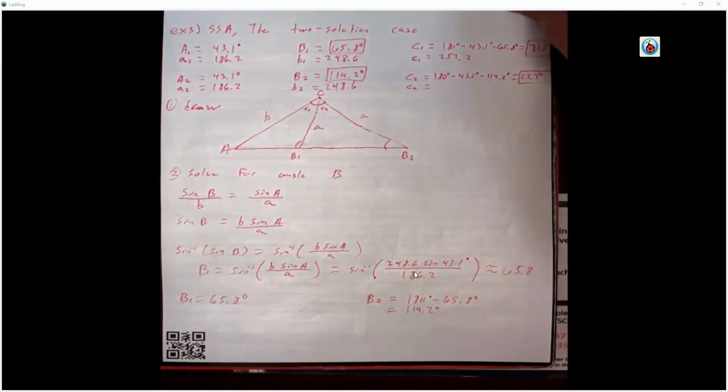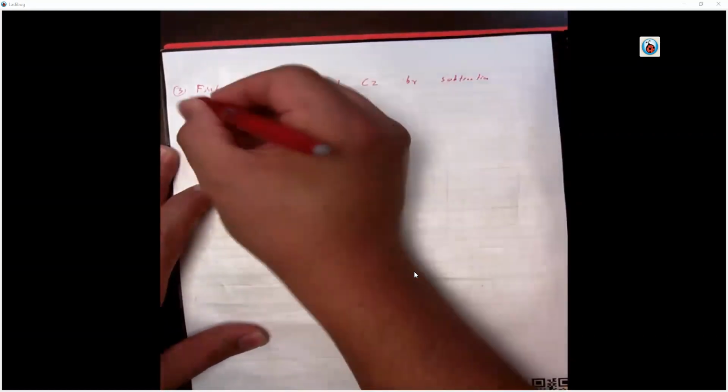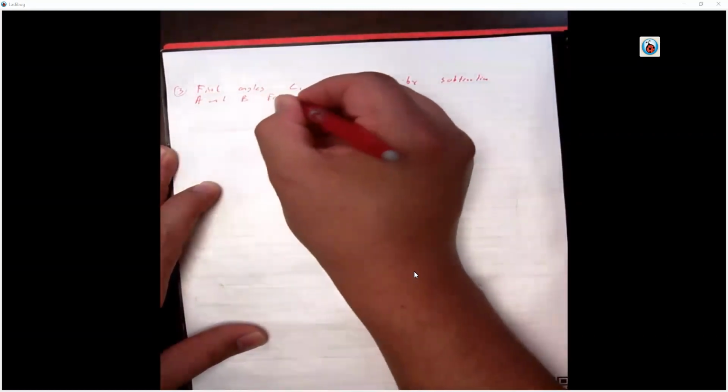All right, so step 3: find angles C1 and C2 by subtracting A and B from 180. So that's what we already did.